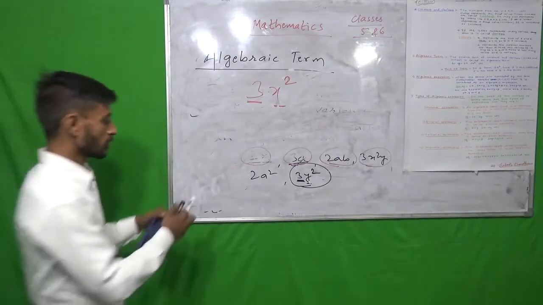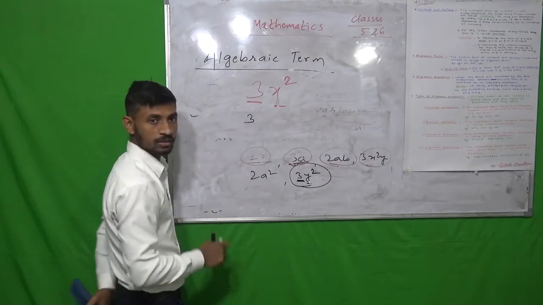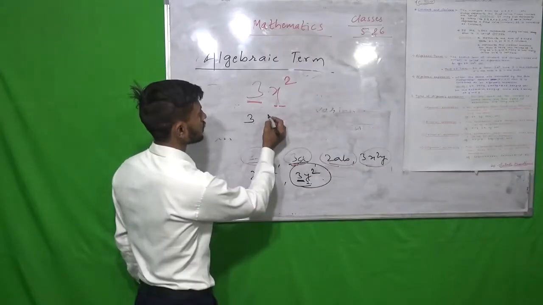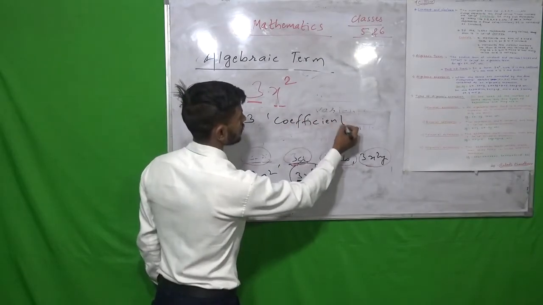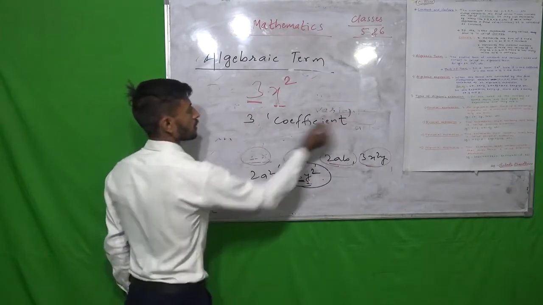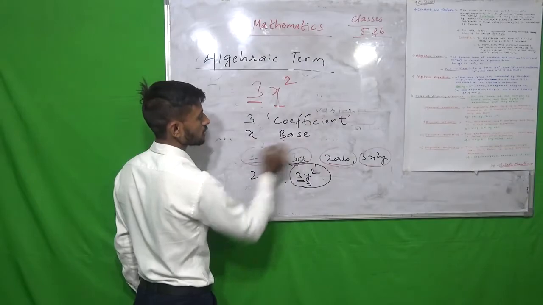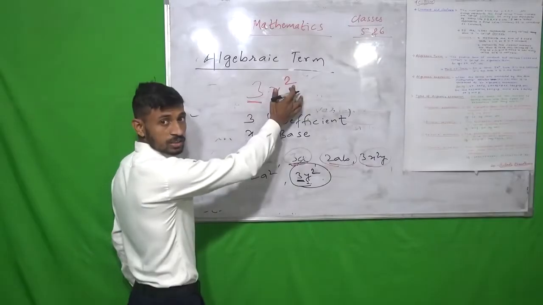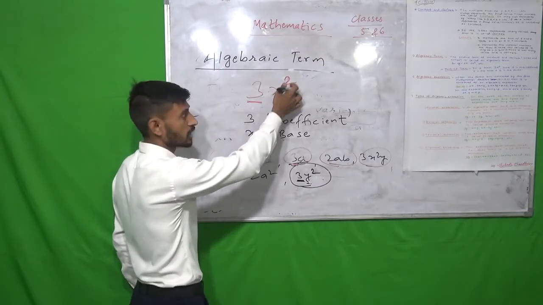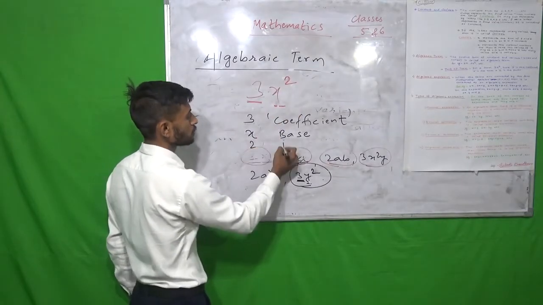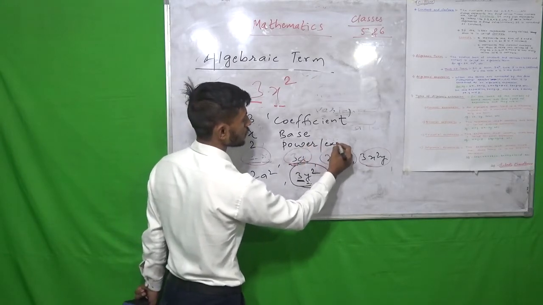So here this 3 is the coefficient, this letter is called base, and the number which is right to the base and at the top is power, which is also called exponent.